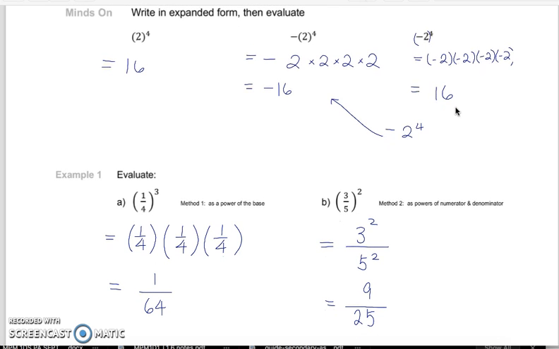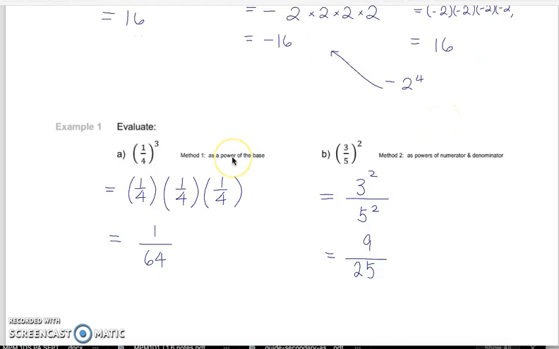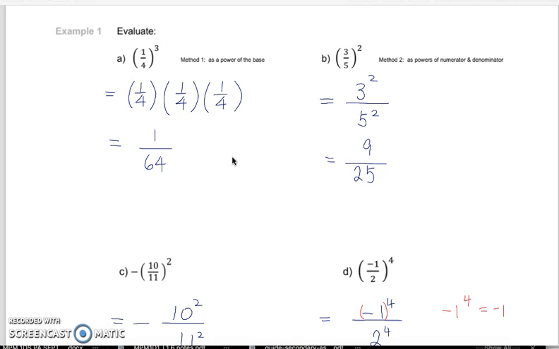So now we have reviewed some of the notations with negative numbers and negative bases and powers. We're going to see how we can evaluate expressions that have a fraction or rational number as the base raised to an exponent. Example 1. Evaluate. A. You are asked to evaluate 1/4 to the power of 3.